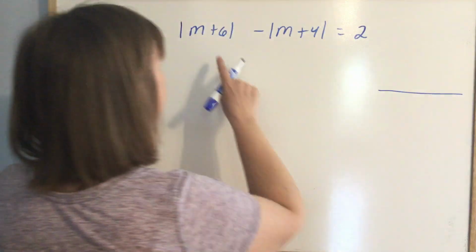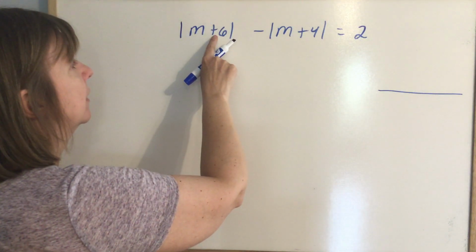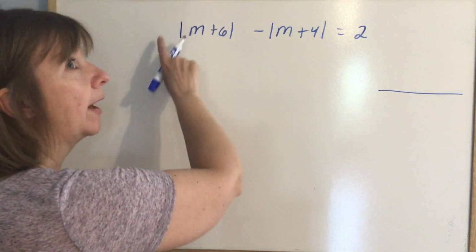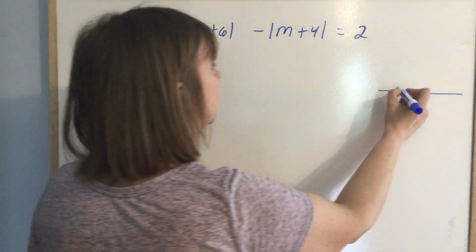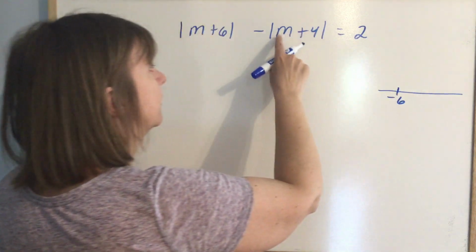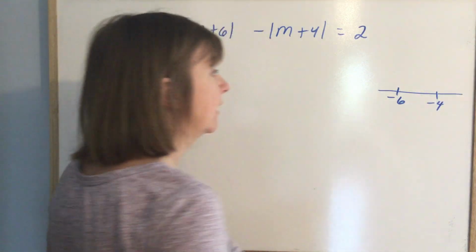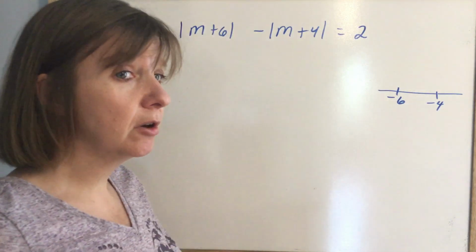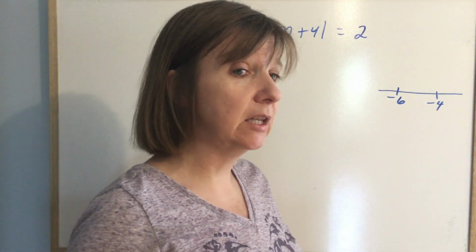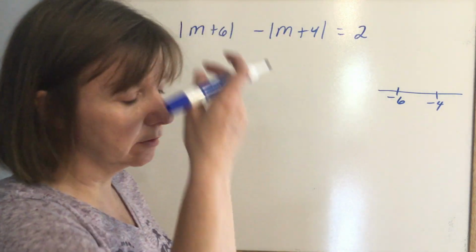So the thing that would make this absolute value sign 0 would be negative 6. And the thing that would make this one 0 would be negative 4. My answer is still going to be x is equal to something, all right?